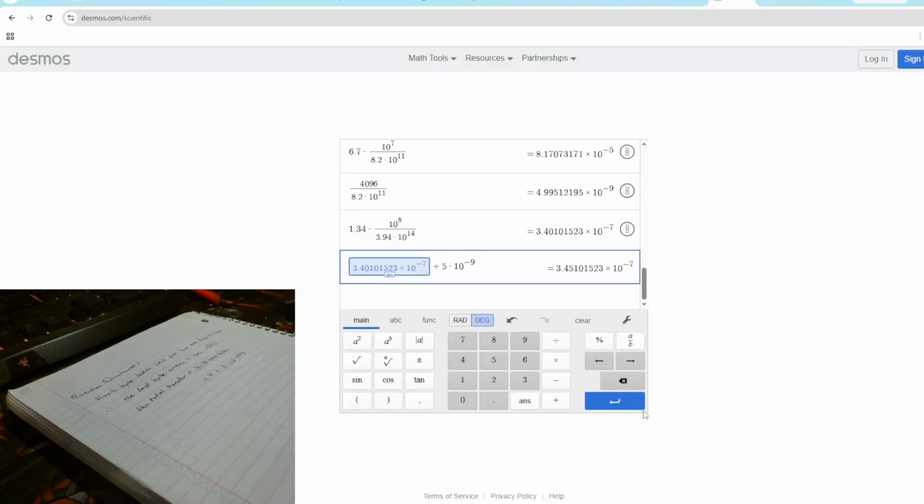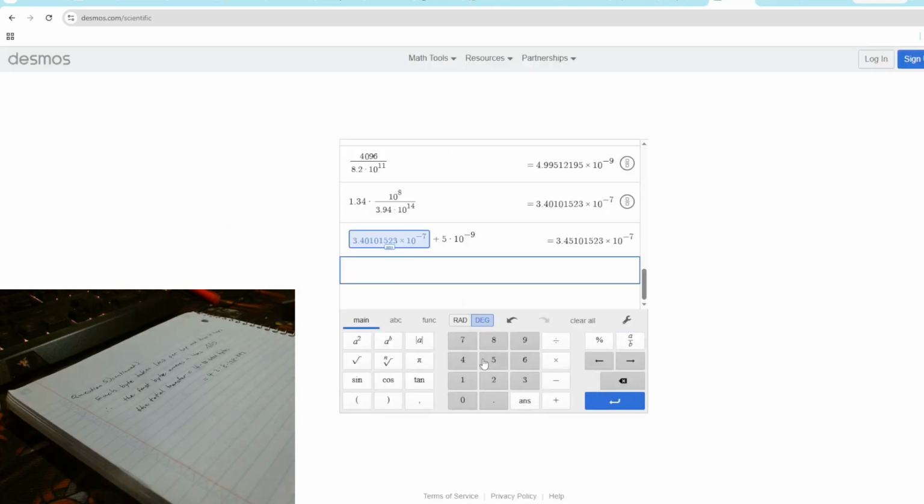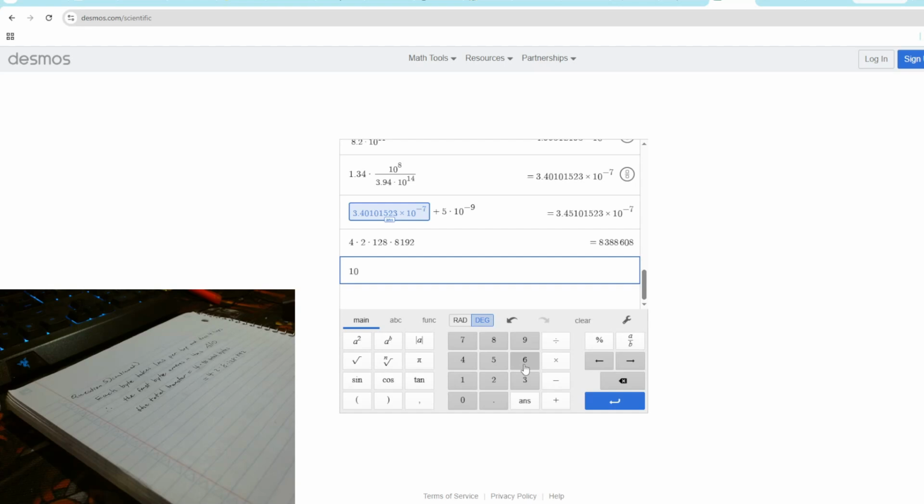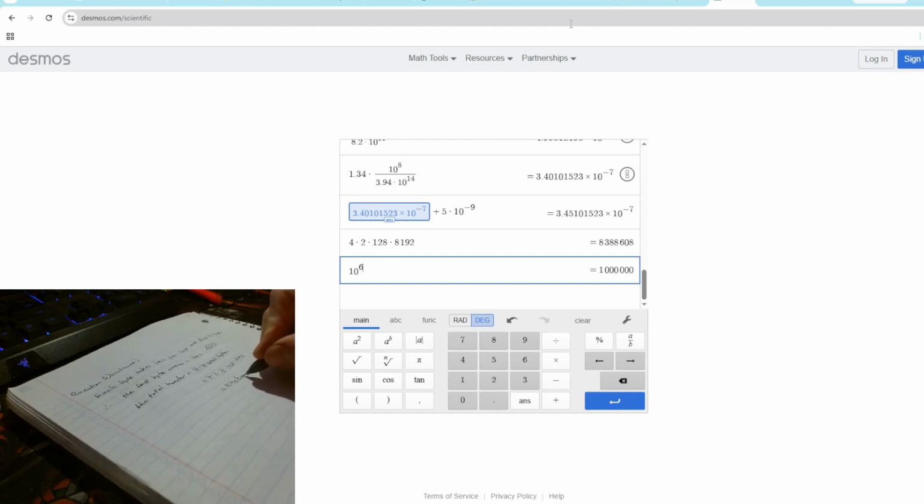Let's do that calculation. 4 times 2 times 128 times 8,192 is 8.4 e6 microseconds.